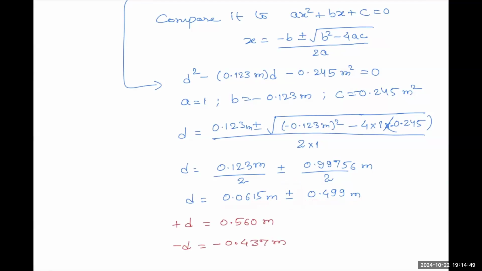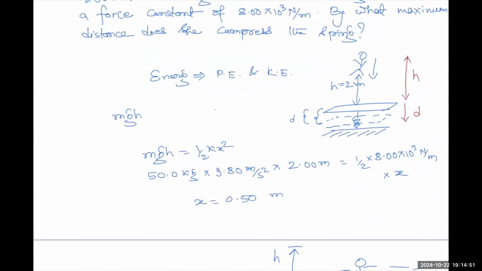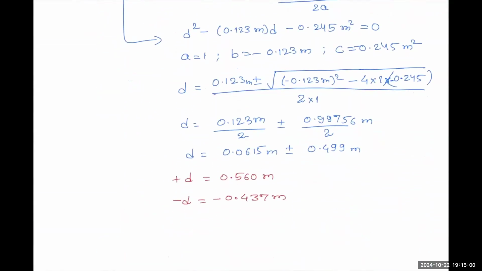So now, does this negative value of D make sense? Down here is negative, so am I subtracting from this height or am I adding to my height? I'm adding, so that's why I need to choose this answer here. Make sense?